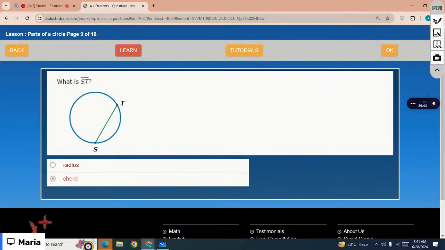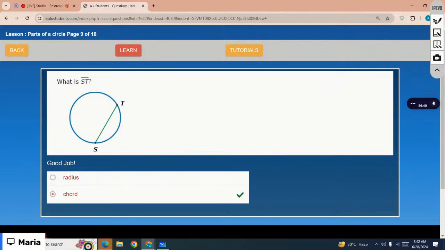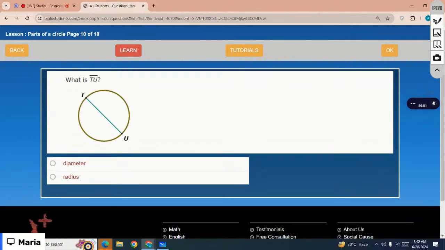Yes, chord it is. What is DU, diameter or radius? Yes, diameter it is, right? Okay, you can complete the lesson by yourself today.